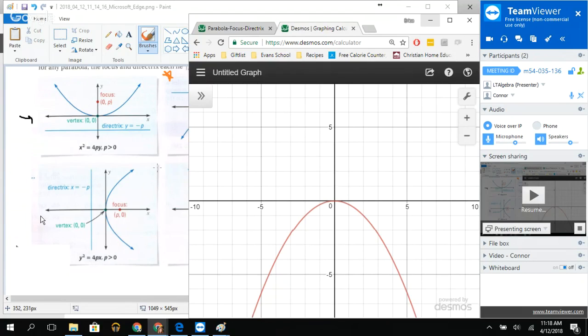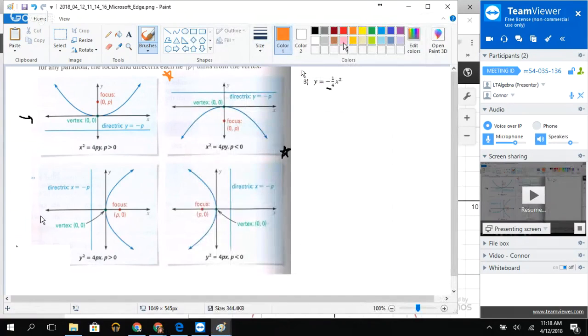Okay, so if I just go to my equation and try to match it up here, they're close to each other, but I have my negative 1/4 on the wrong side of my equation. So I have y equals negative 1/4 x squared. If I want to force my equation to look like x squared equals 4py, then I need to move this to the other side.